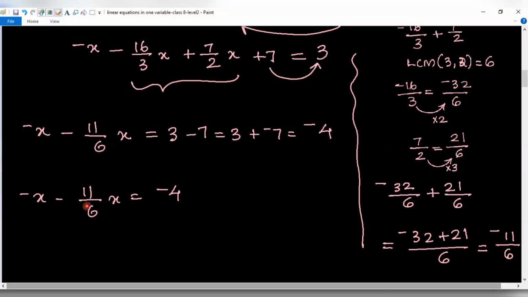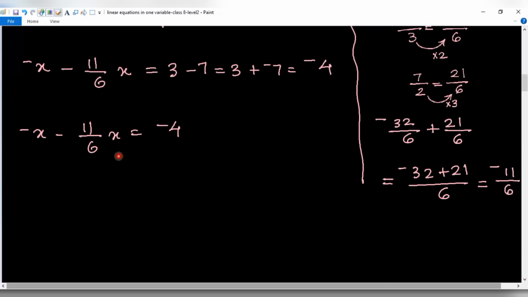Now here also we have two terms having x. Here the coefficient is minus 1 and here it is minus 11 by 6. So we have to find out what is minus 1 minus 11 by 6. Here we can simply cross multiply. 6 into minus 1, that is minus 6.